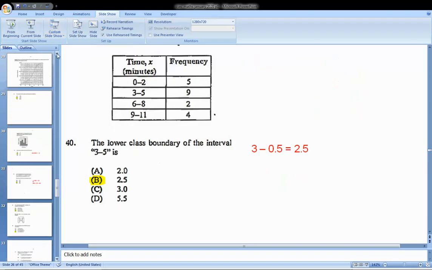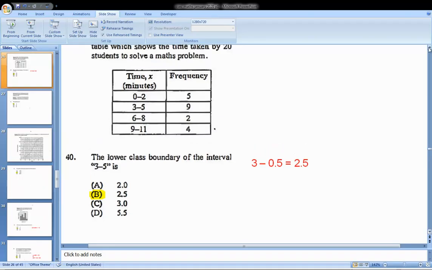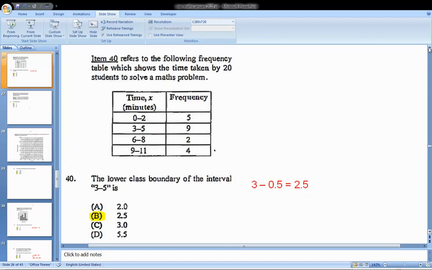So number 40 says, item 40 refers to the following frequency table, which shows the time taken by 20 students to solve a maths problem. So here we have time in minutes that represents X and our frequency.